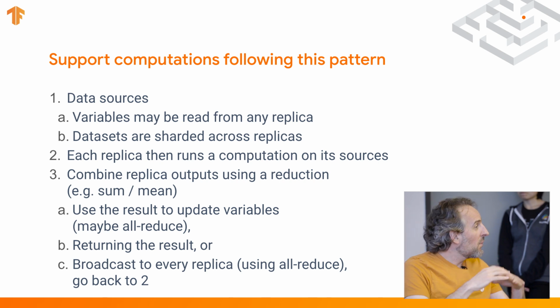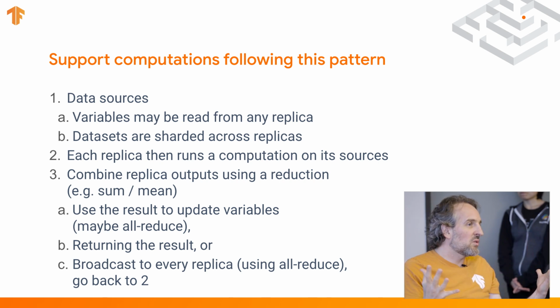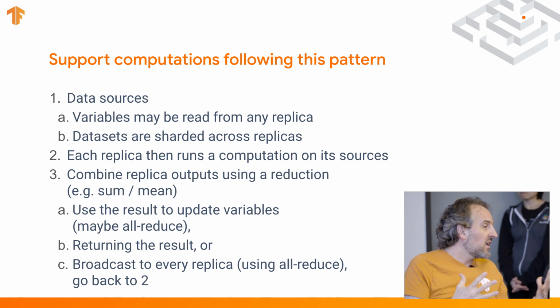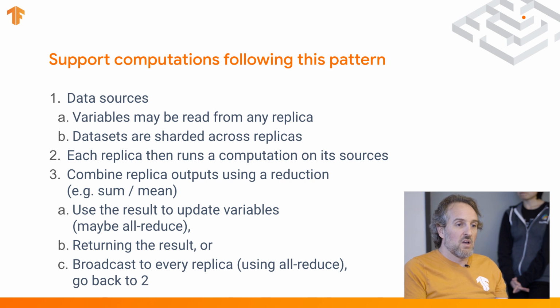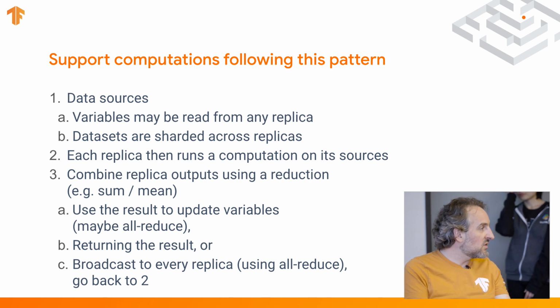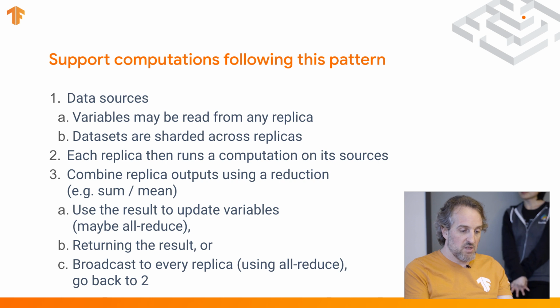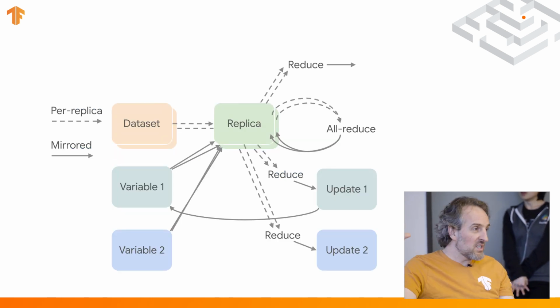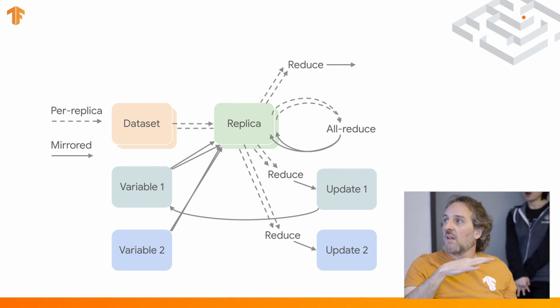Hopefully this is going to unlock some doors by allowing more complicated distributed algorithms from researchers. We'll hopefully see this sort of MPI style of distributed computation a lot more now that distribution strategy is available.